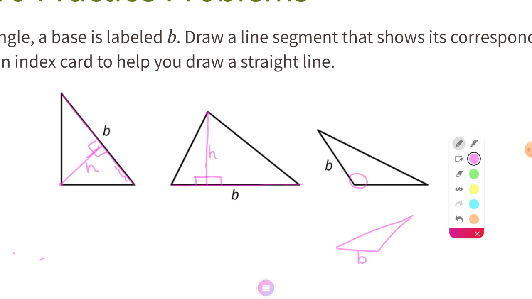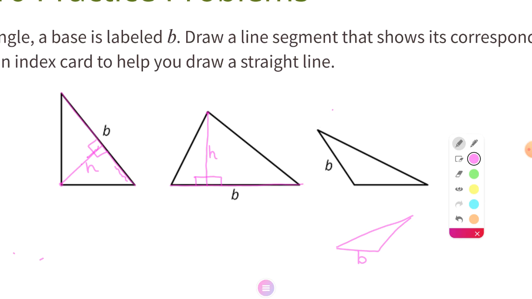Okay, so Logan is saying, and again, this one's a hard one. I don't like this one. I would have just said this is my base, there's my height. That makes my life a lot easier. They picked a hard base. So Logan is saying if you put your index card right there, and if I draw this, then you guys can say, no, that can't be right.